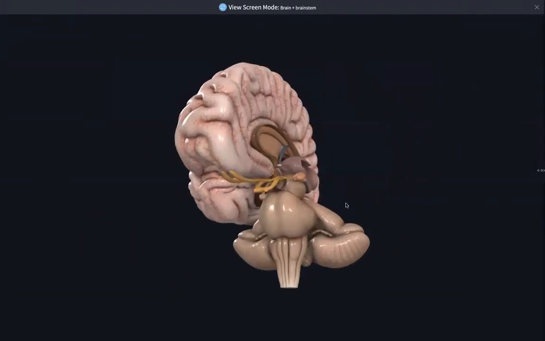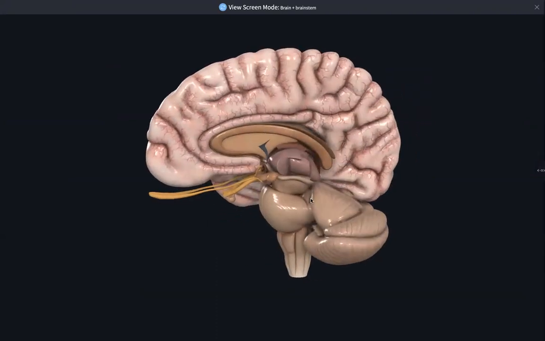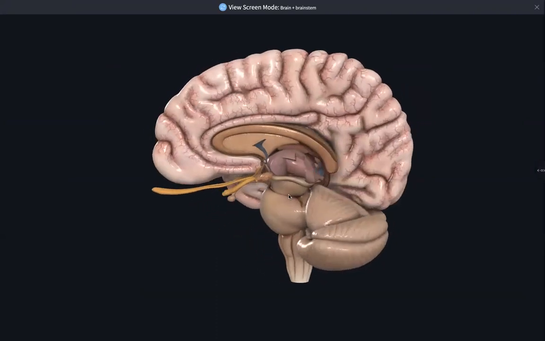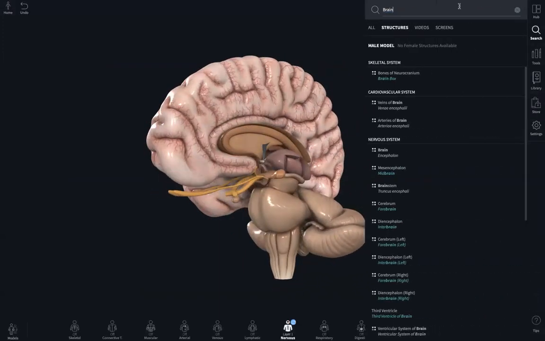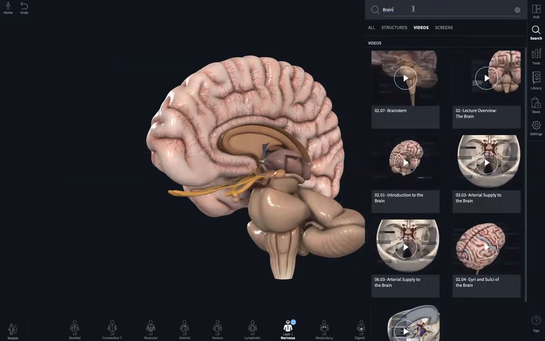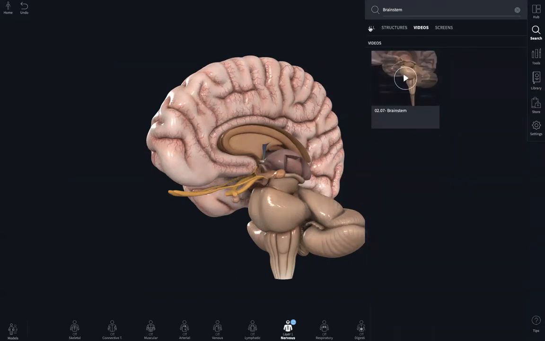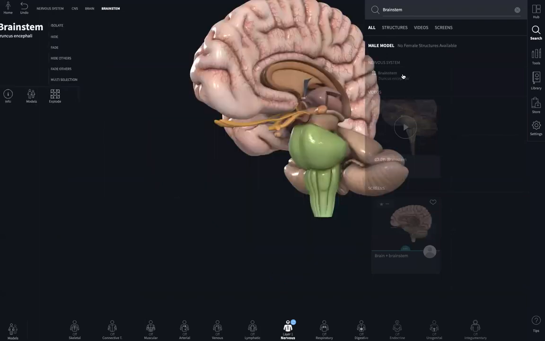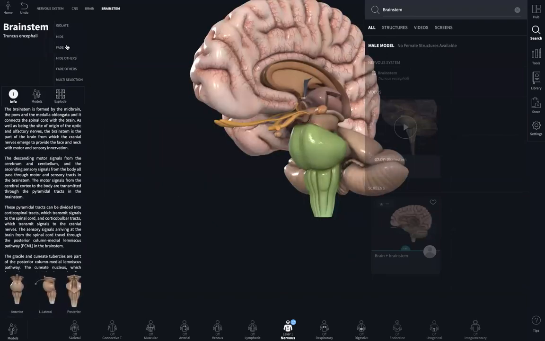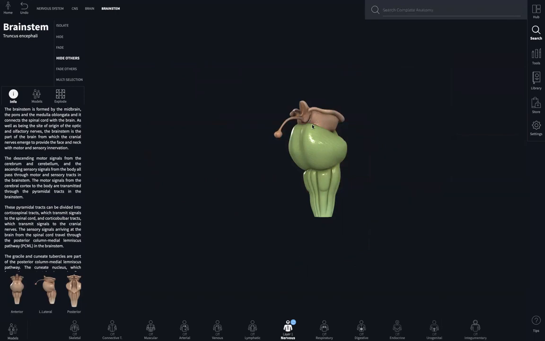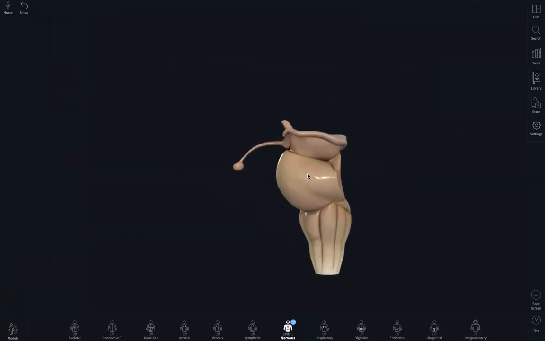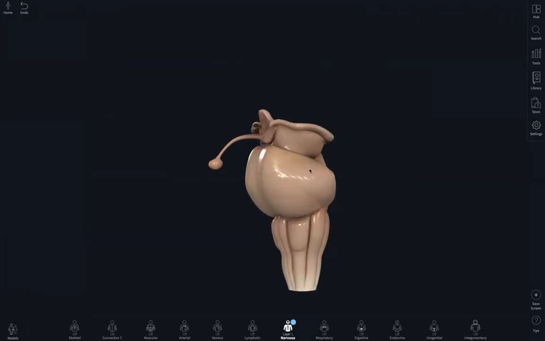So this is the brainstem, and this is what it looks like with the brain there, of course. I think we'll just take a closer look. Let's hide everything else. So to start off with, we have the midbrain, the pons, and the medulla.